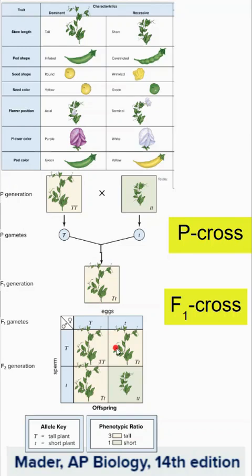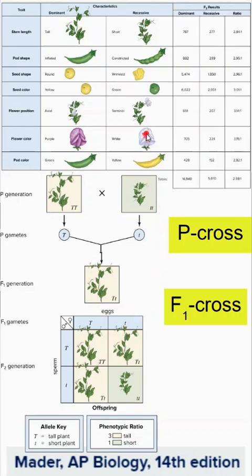As he worked through all of this, he raised a tremendous amount of pea crops and collected all of this data, and he found certain ratios, or probabilities. In the F2 generation, almost all of the ratios come out as a 3-to-1 phenotypic ratio, where 3 demonstrate the dominant trait and only 1 is the recessive trait.